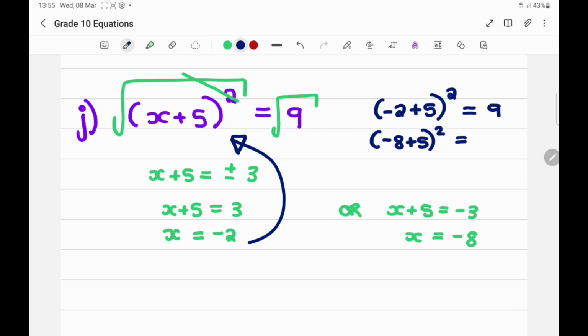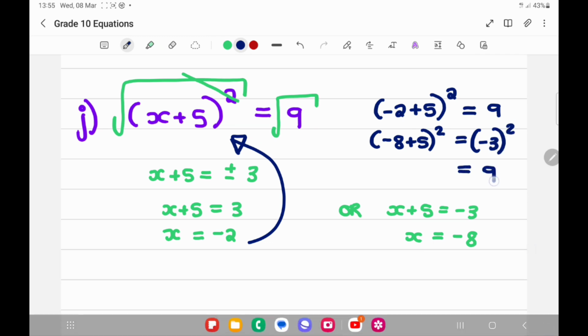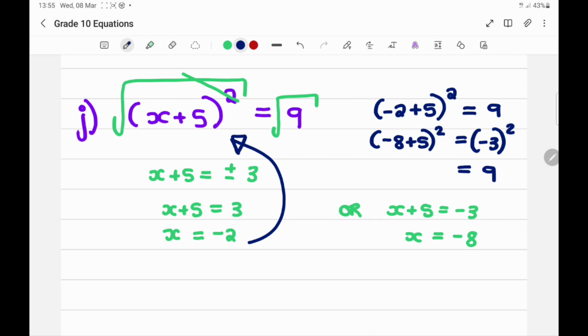What does that give me? Negative 8 plus 5 gives me negative 3 squared, which also gives me 9. So can you see how the plus minus comes into play? Because if you raise a negative to an even number, it becomes a positive.